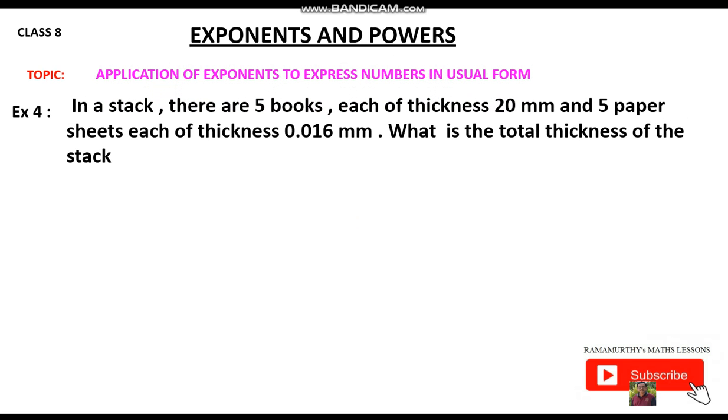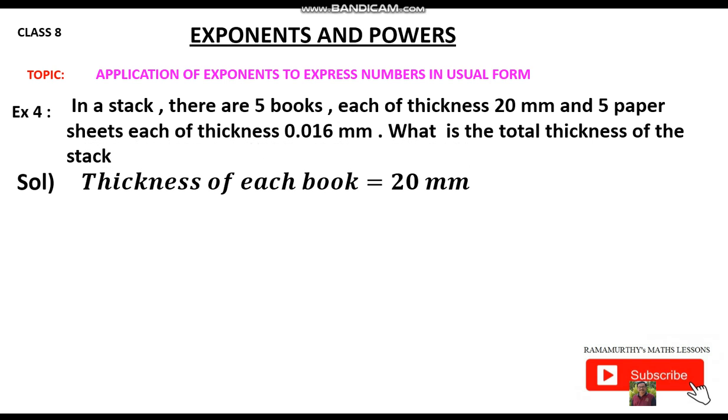Fourth problem. In a stack, there are 5 books, each of thickness 20 mm, and 5 paper sheets, each of thickness 0.016 mm. What is the total thickness of the stack? Thickness of each book equals 20 mm.